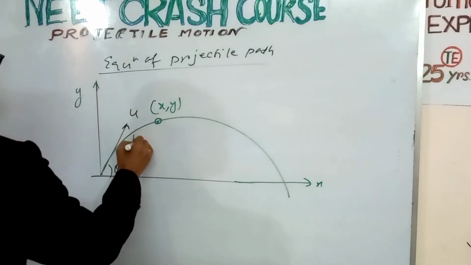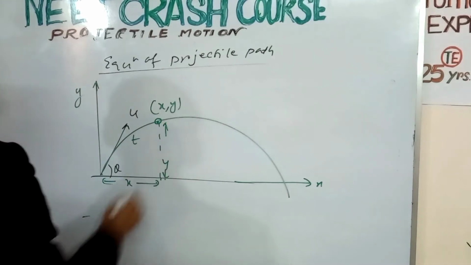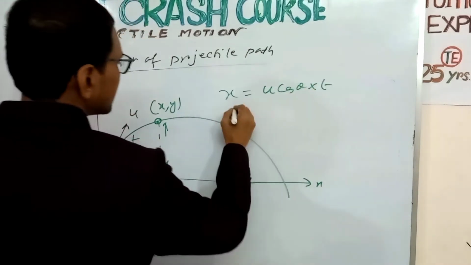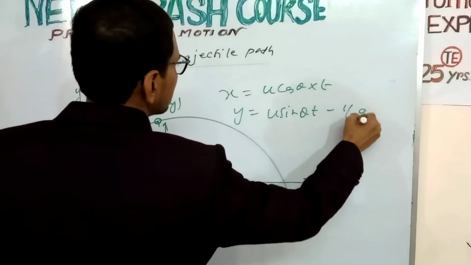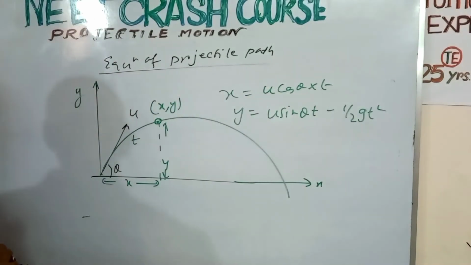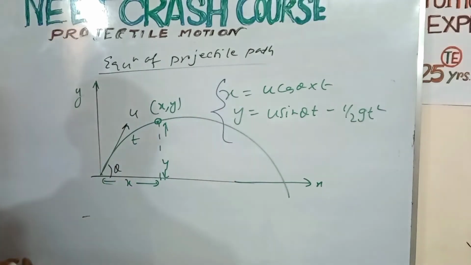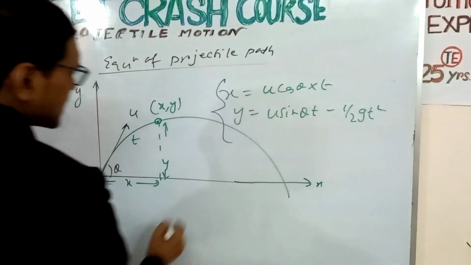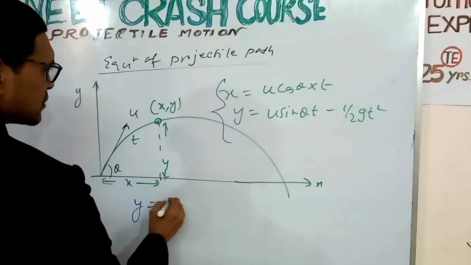If the time taken is t, then this is x and this is y. So x equal to velocity into time, and y equal to u sin theta t minus half g t square. Just remember these two formulas. You don't have to remember the whole equation of the projectile path. Just remember two steps, and by eliminating t, we get the equation of the path.